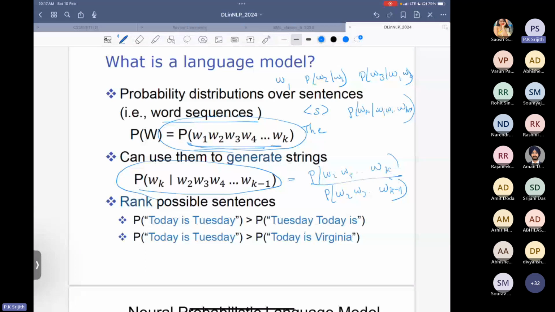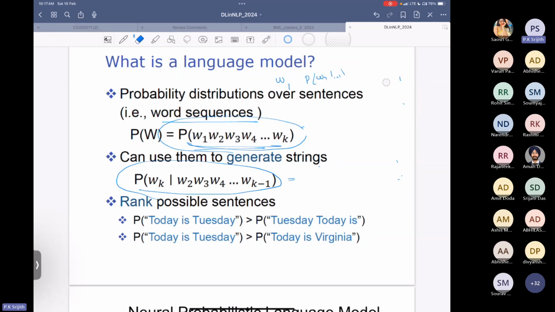But the issue is, if I try to learn it over some very long sequence of words, like a k-length sequence where k is something like 10 or 15, then you find that for many possible combinations of words, that combination will never appear in the corpus, and the probability is going to be 0. So you may not be able to generate many sentences which you have not seen in the corpus.